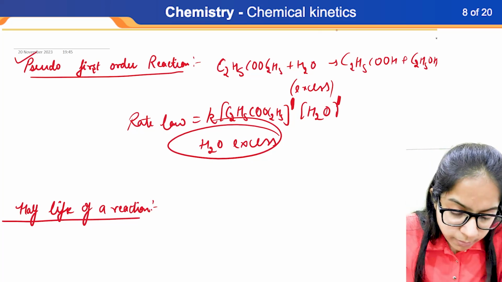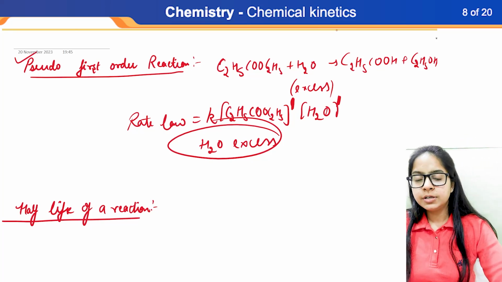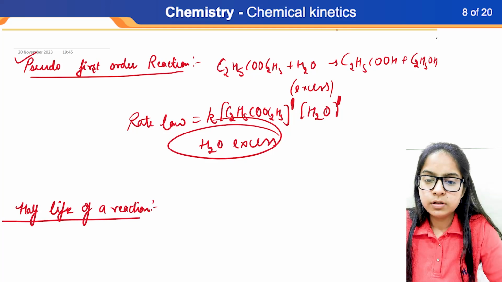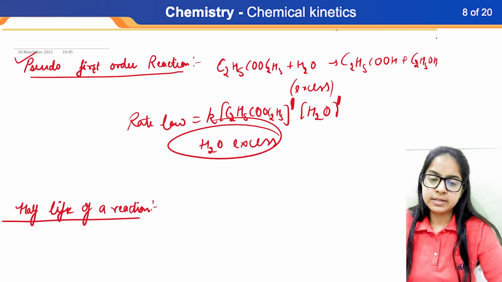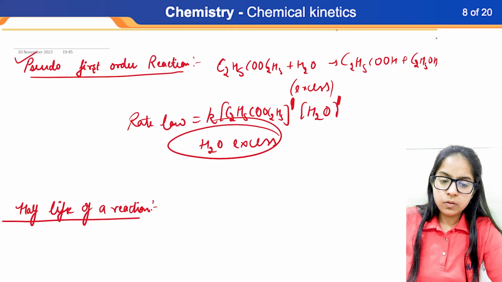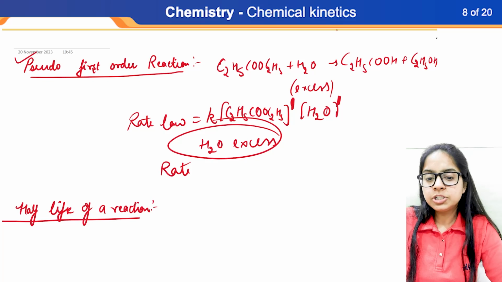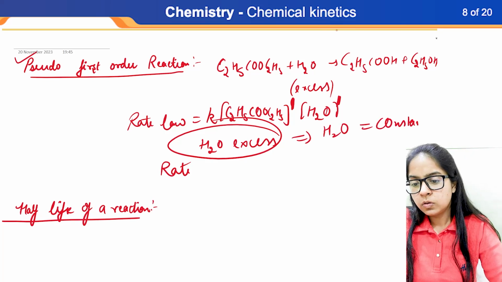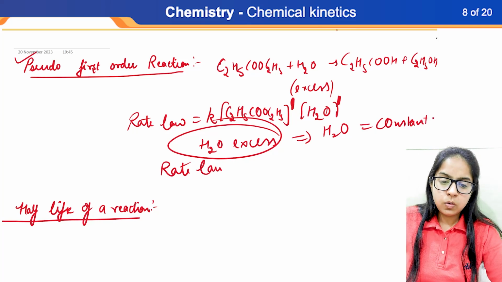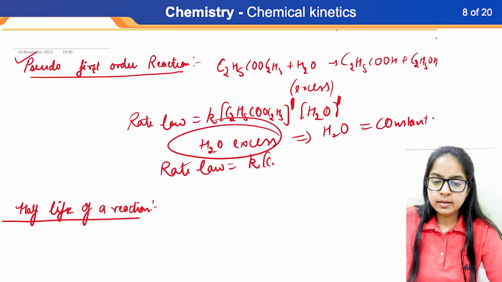So if from an ocean, a drop is taken out to react, then only the reaction with few drops of H2O is done. Then the H2O concentration is also constant. Then the rate law is equal to K dash C2H5COOC2H5.